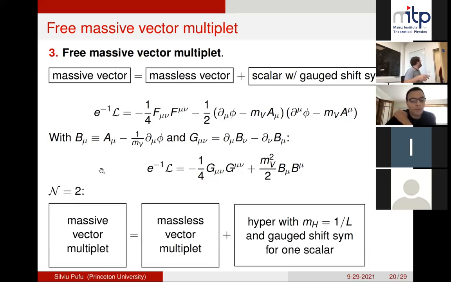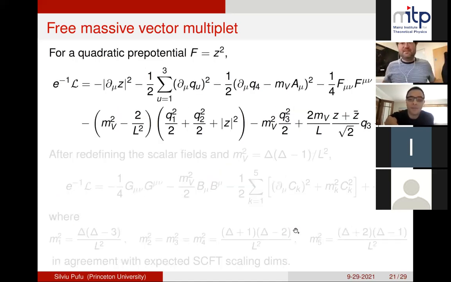With supersymmetry, it's the same thing. A massive vector multiplet is constructed from a massless vector multiplet plus a hypermultiplet, where one of the 4 scalars of the hypermultiplet has a shift symmetry that's gauged. So, using our formalism, we can write down a Lagrangian for that.